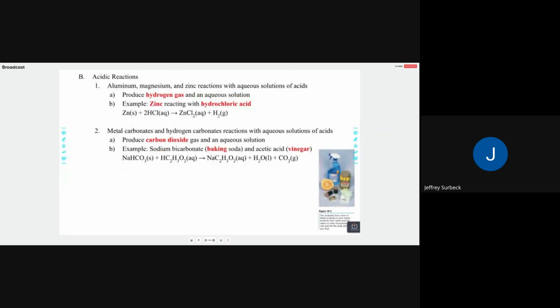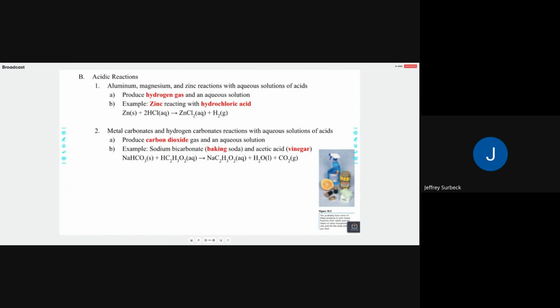So a lot of good uses here. Now, as we move on, what happens in an acid and base reaction? I want you to notice a couple of things. The first reaction here produces hydrogen gas, which we don't see as often in the chemistry laboratory as a reaction between an acid and a base. The second example is actually just baking soda and vinegar, and that produces H2O as a liquid and what we would call our salt.